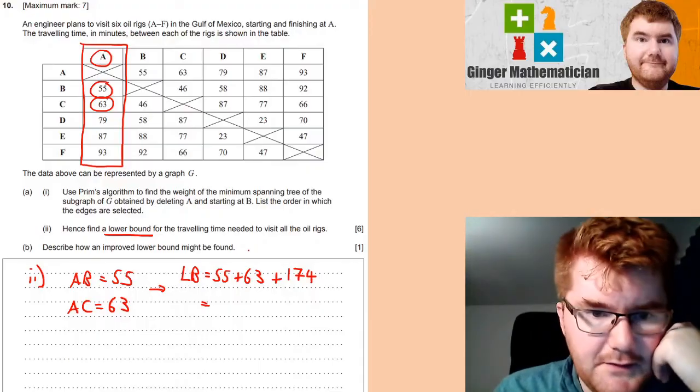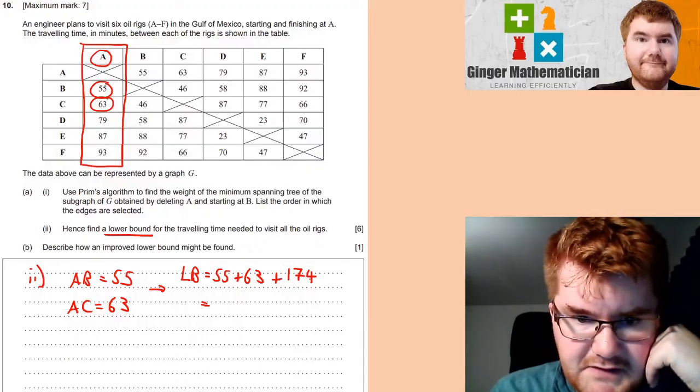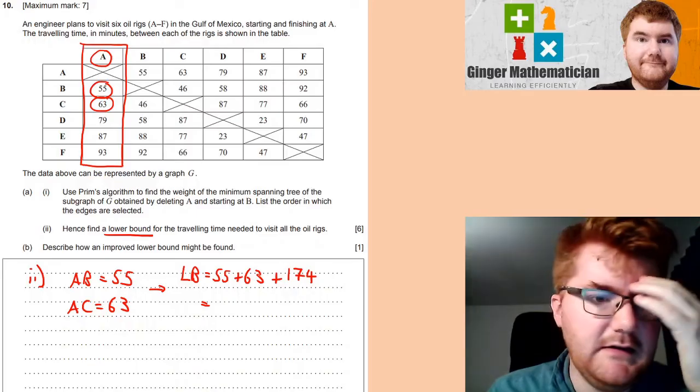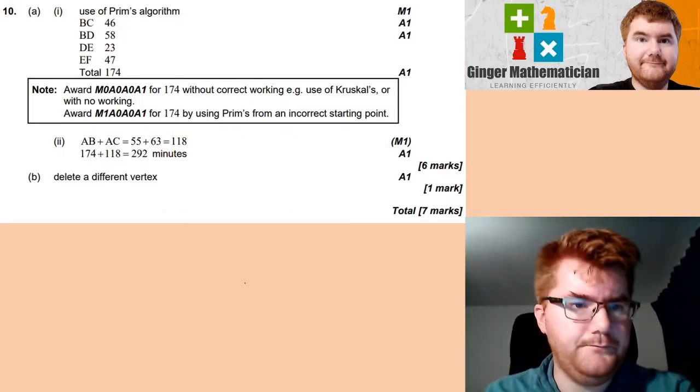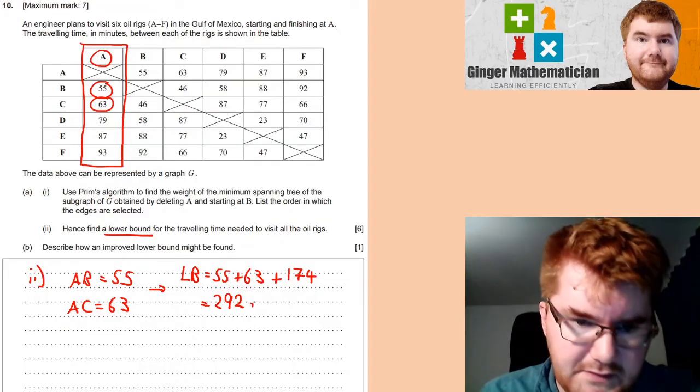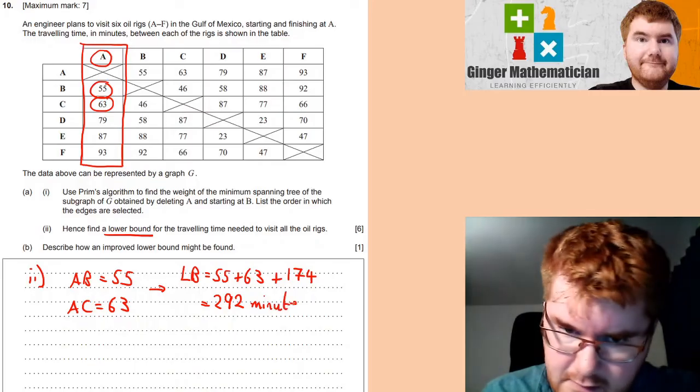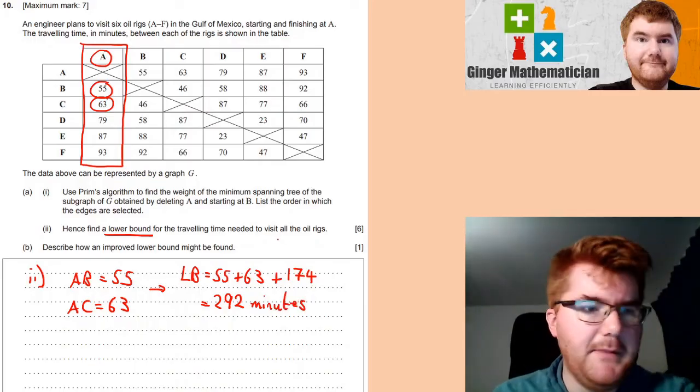If we add those together, we get 174, 237, 292, which is 292 minutes. I think I've added that correctly. So that answers part A, part 2.